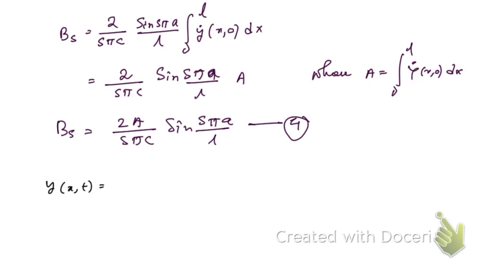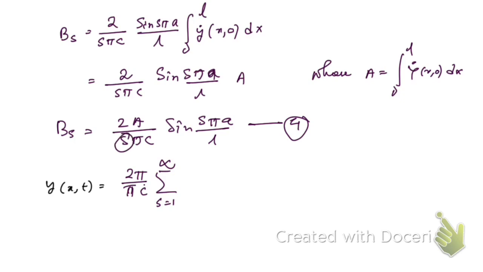So y of x comma t is equal to 2A by pi c, summation, sorry, not integration, summation s is equal to 1 to infinity.